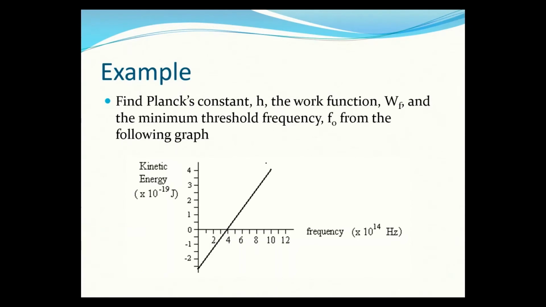Okay. So what we need to do is use our formula we learned yesterday that's not on our data book. So EK max equals the energy of our photon minus our work function. Okay, so I'm just going to break this one down into hf.